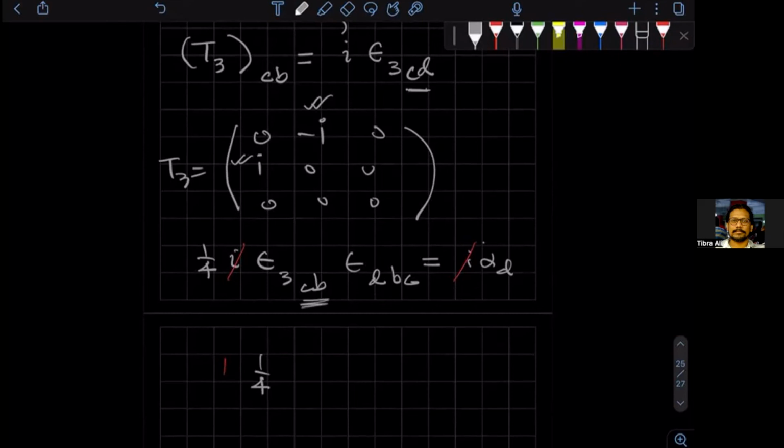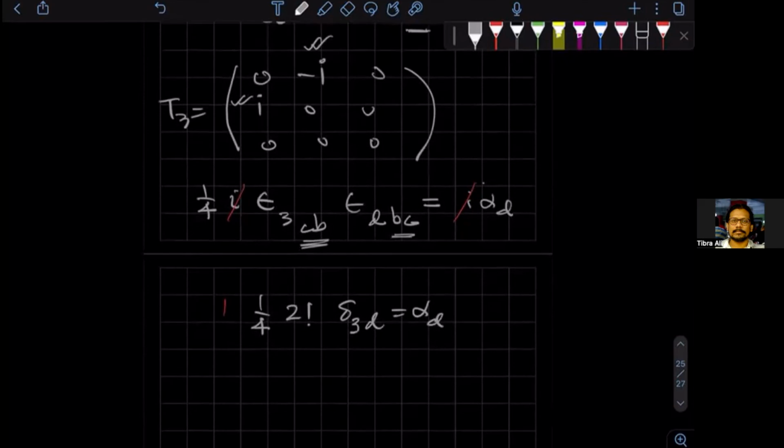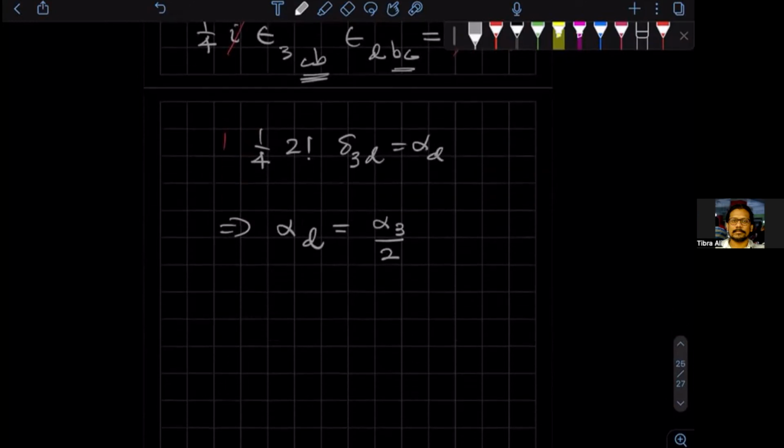And because there's a sum over 2 indices, I'll get a factorial of 2 here, and I'll get a delta 3D, alpha D, which gives us that alpha D is alpha 3 over 2, which tells us that a rotation by an angle theta around the z-axis corresponds to e to the power i theta by 2 sigma 3.